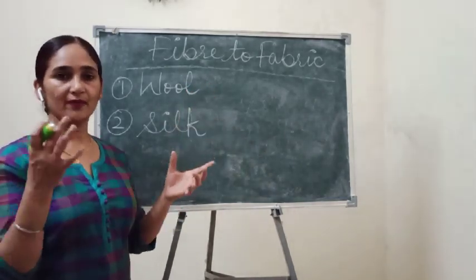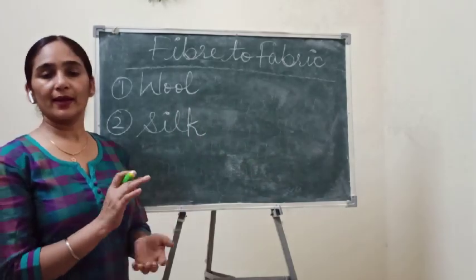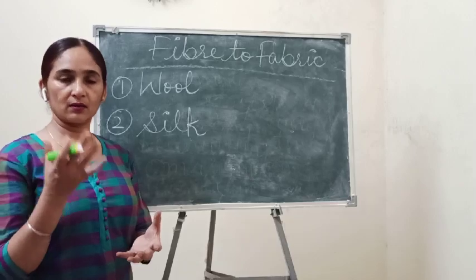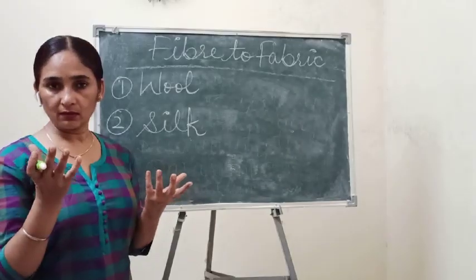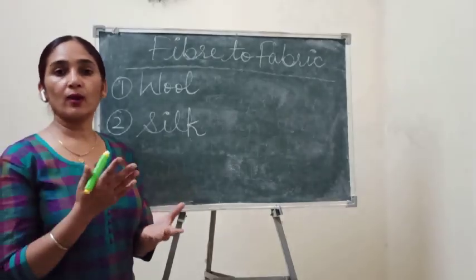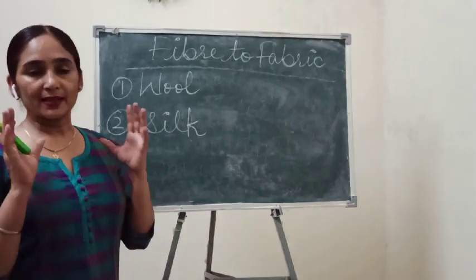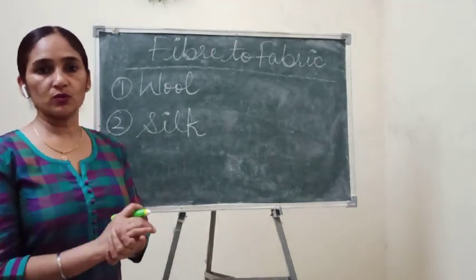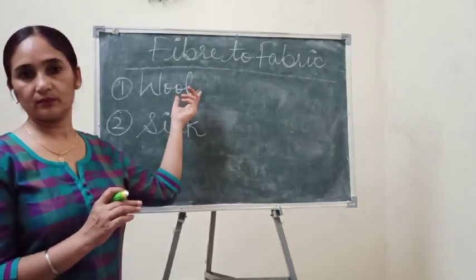Which animals give us wool? Here you can take an example of sheep, goat, yak, or camel. And angora rabbit, or in some countries some birds are also used to get this wool.